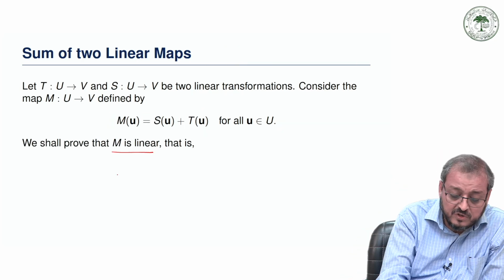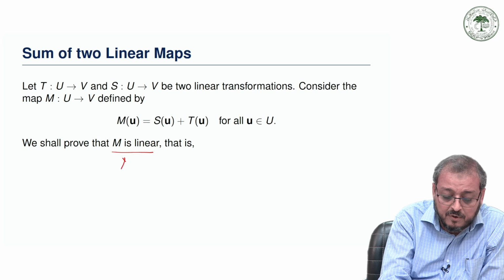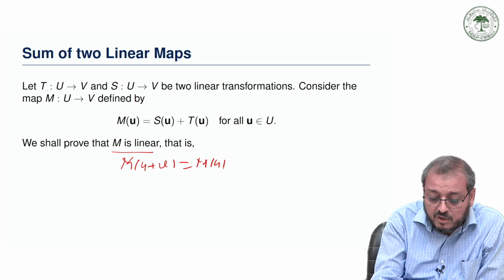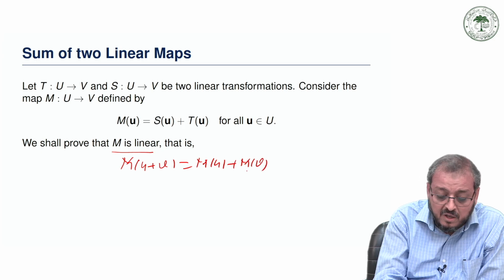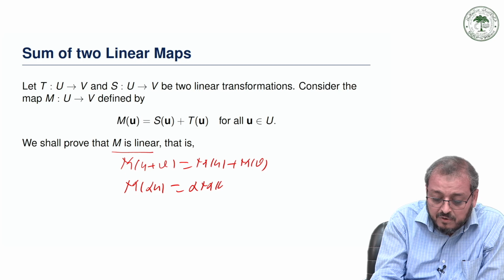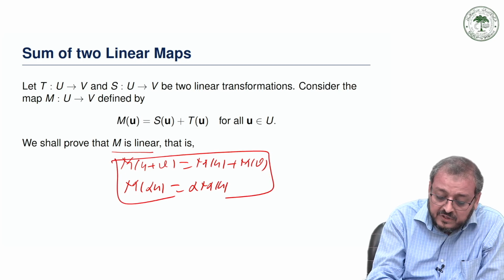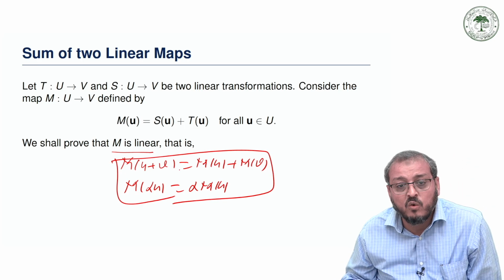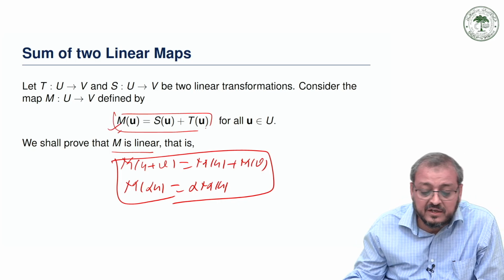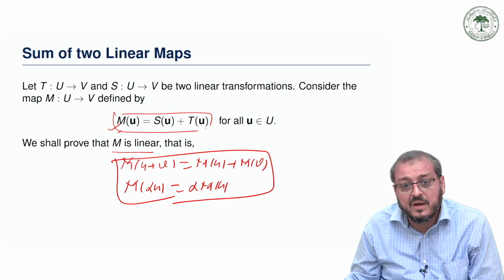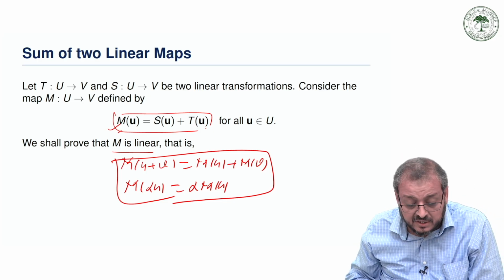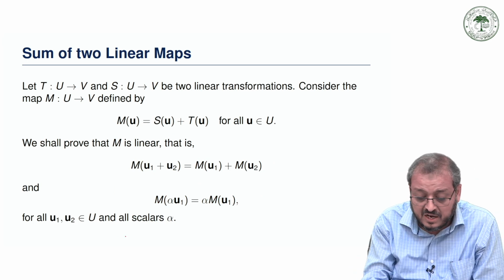So M is linear means for any two elements, M(u + v) should be M(u) + M(v), and M(alpha u) should be alpha times M(u). If we prove these two conditions hold for M defined in this form, then M is a linear map, the sum of two linear maps, where alpha is some scalar.